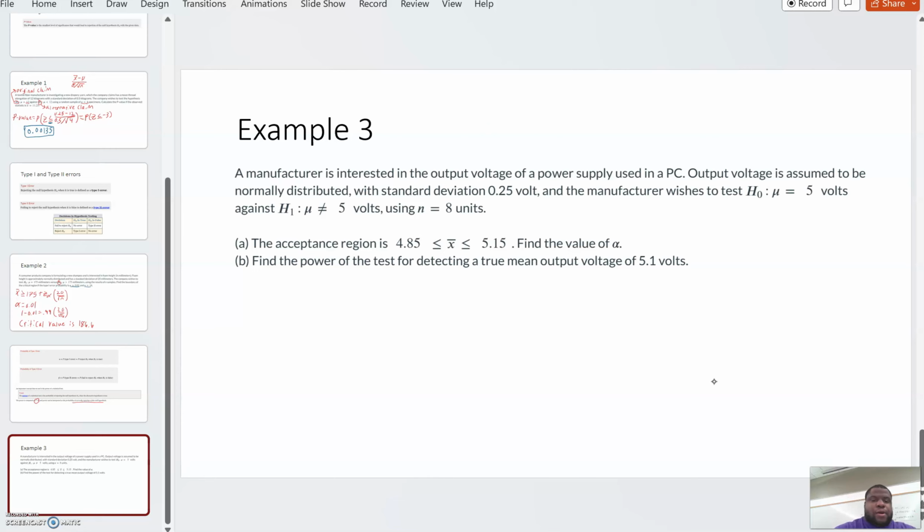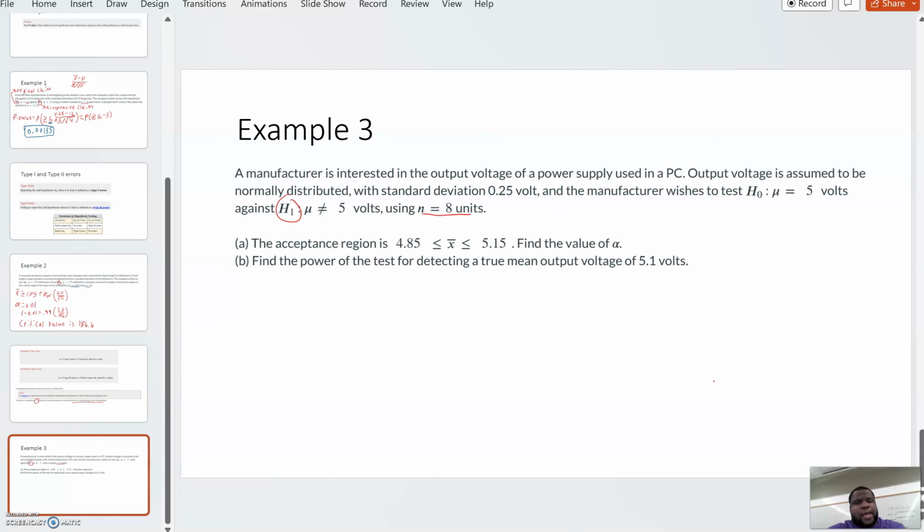So our alternative is that it is not 5, when our original claim is that it is 5 volts. And here we're going to use a sample of 8 units.